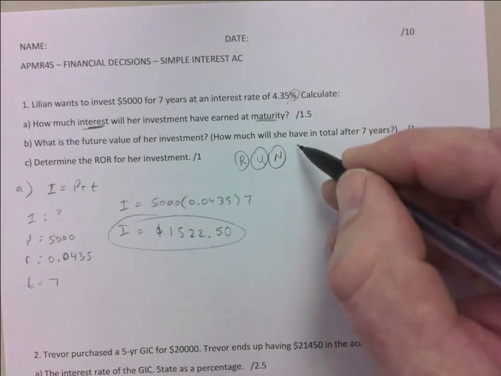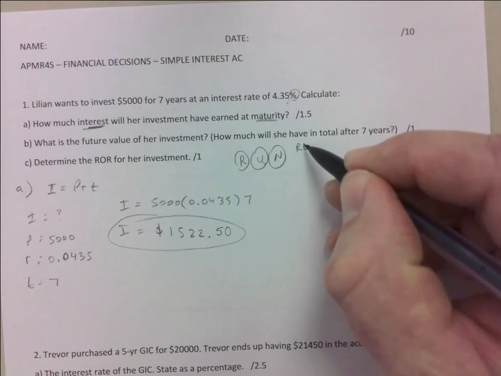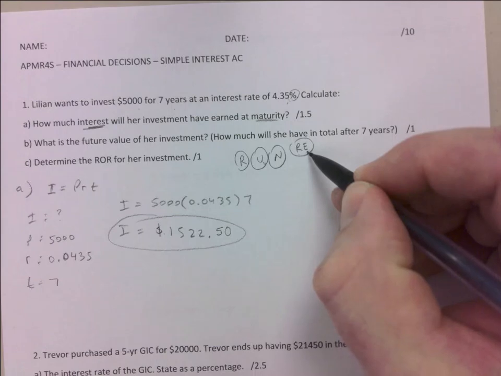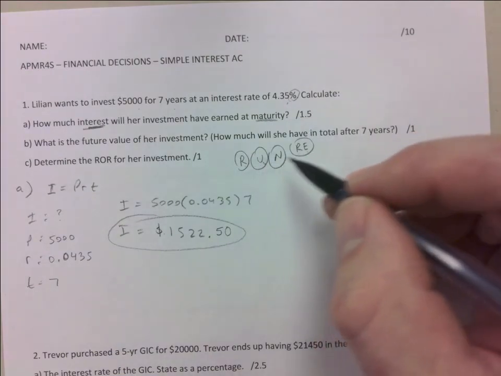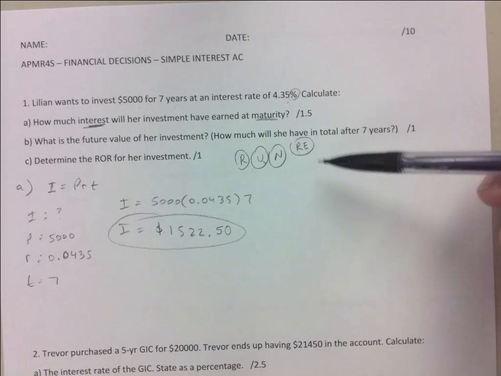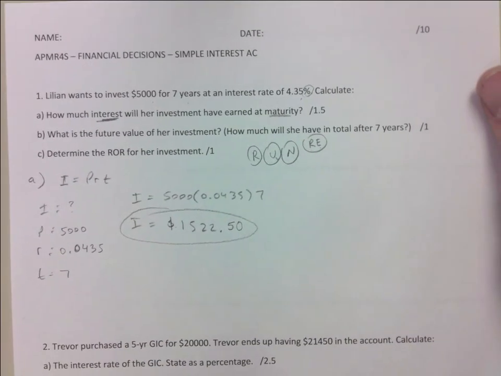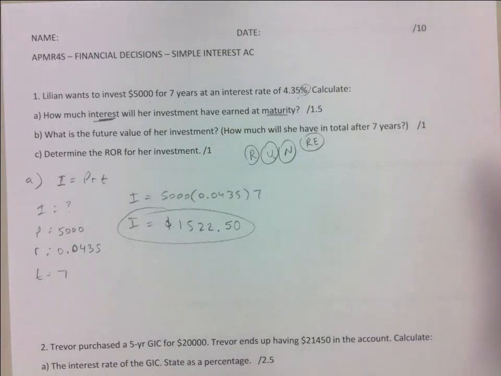Another one is you may see RE. That just means rounding early. You're rounding way too early, like right at the beginning, resulting in your final answer being off. So that's the same, it's half a mark off. Now, these are called communication errors, meaning you didn't communicate your answer properly. You know what you're doing, but your answer hasn't been communicated properly.